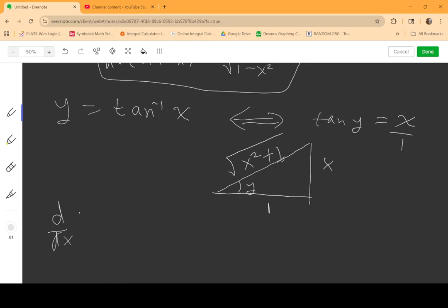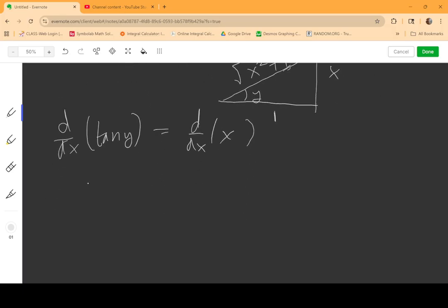So dx of tangent y is equal to dx of x. Then here we get secant squared of y times y prime is equal to 1, and we get y prime is equal to 1 over secant squared, but reciprocal properties tell me that's just cosine squared y.